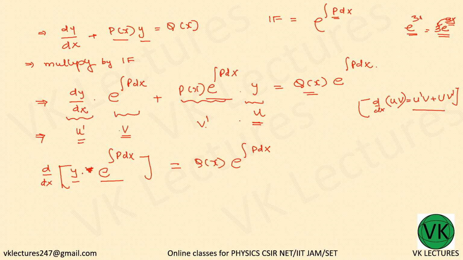So when you integrate both sides, integration here and integration here, this term will go, so that will remain as y into e to the power integral p dx equal to integral q of x into e to the power integral p dx. Now some constant will be there that you can use.